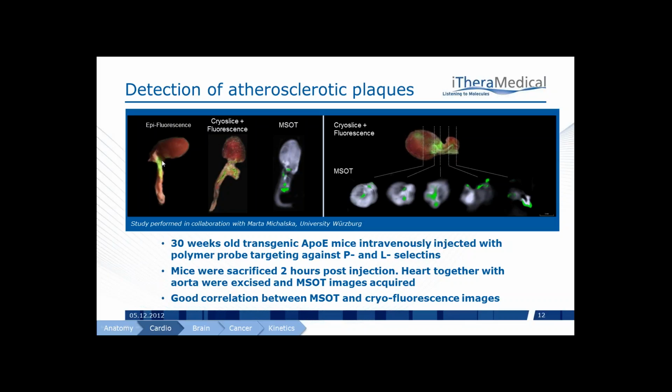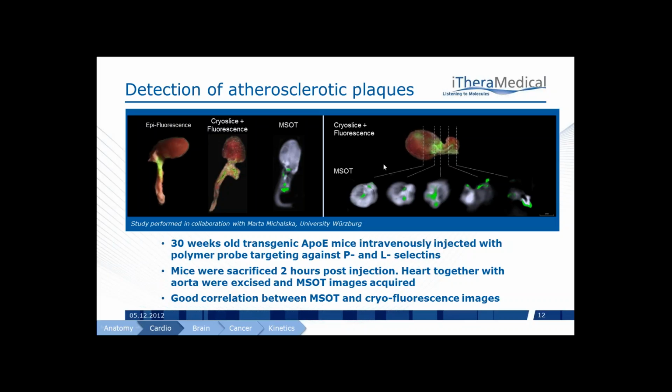Here we see that the predominance of the signal is in the aorta from the fluorescence, which is expected in this model, as there should be the presence of atherosclerosis in the aorta. When this is compared to the MSOT imaging, we see prominent multispectral signals from the same part of the aorta, and we see a marked absence of signal from both the distal part of the aorta and also the heart.